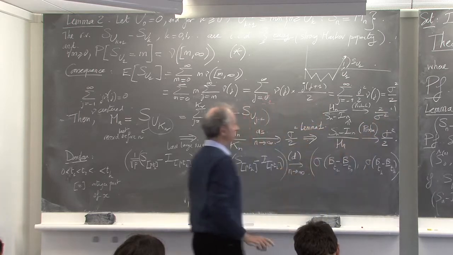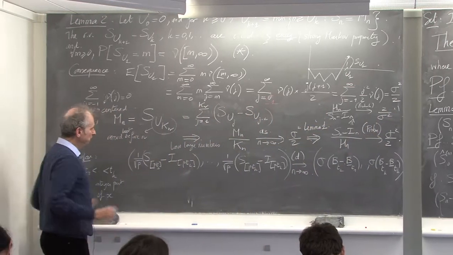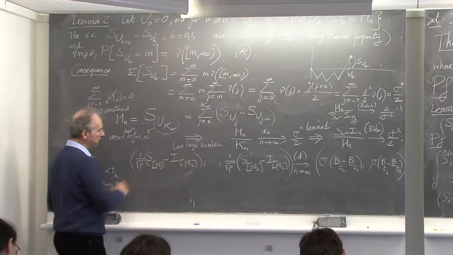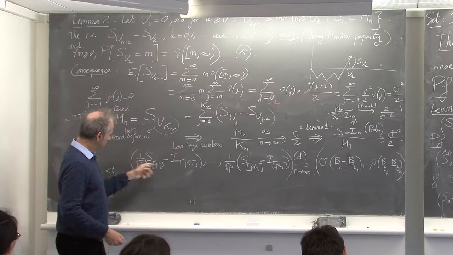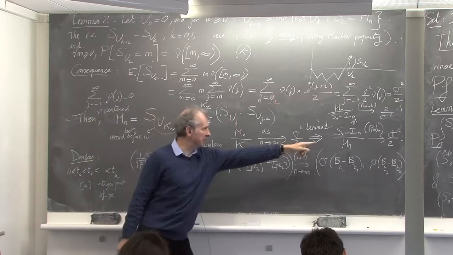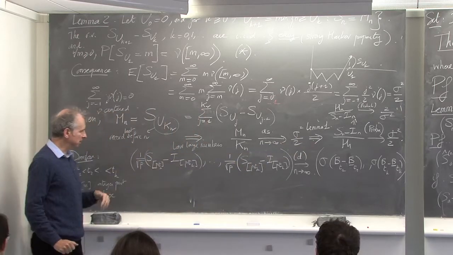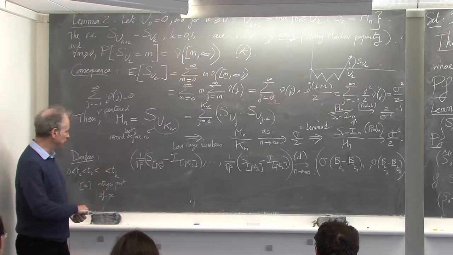You just take the inverse, okay? So each term here, I'm going to multiply it by a term, which will be S minus I divided by H at the same time here, which converges in probability to a constant, okay?